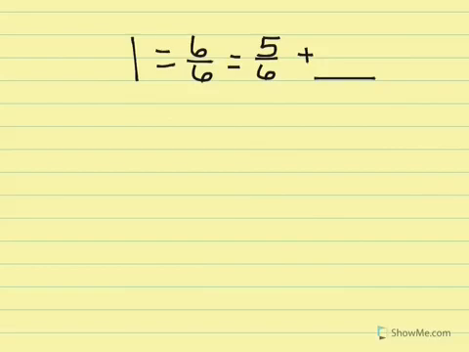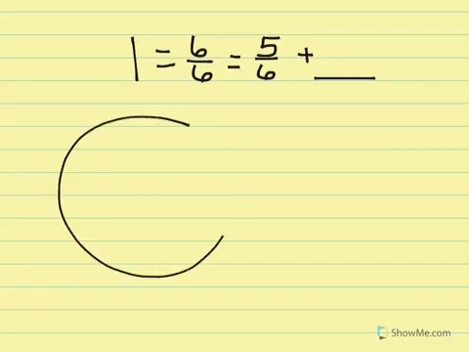Okay, now I'm going to fill in the missing number or fraction. So I know 1 whole equals 6/6, which is the same as 5/6 plus some number. So I can draw a circle, and I'm going to split it into 6 equal parts because that is my denominator.